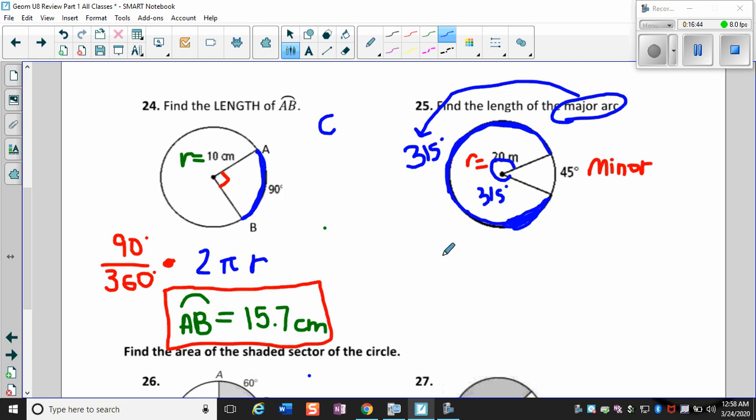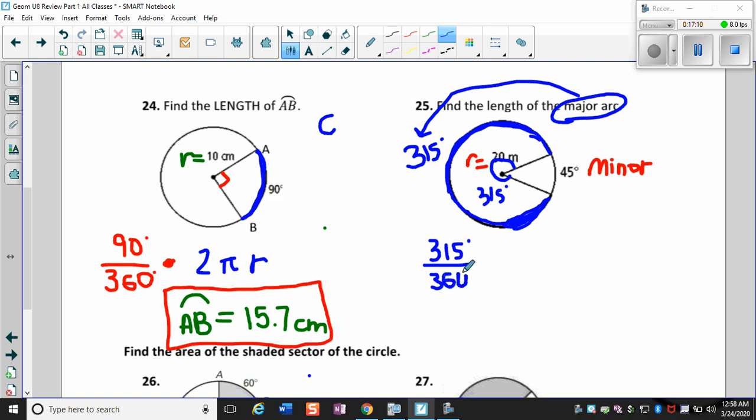Okay? So we're going to use the same formula that we used to find the length of arc AB to find the length of the major arc. We're going to take the portion of the circle that we're looking for. Well, that arc measures 315, so we take 315 degrees in our numerator, and our denominator is the whole circle.